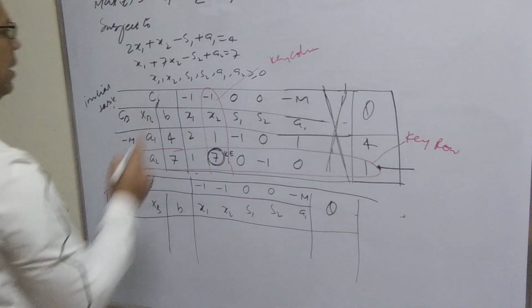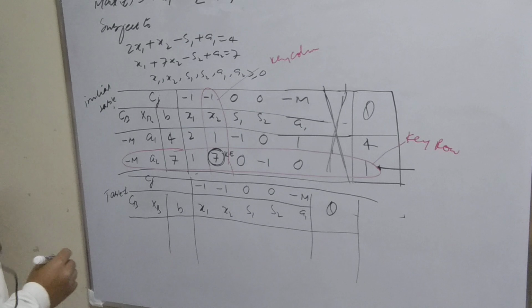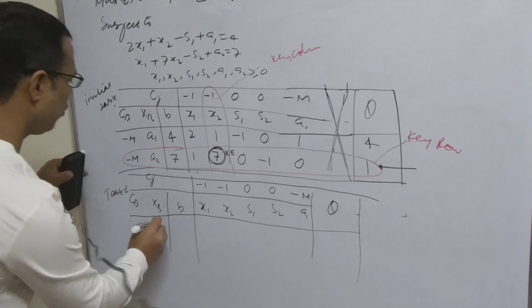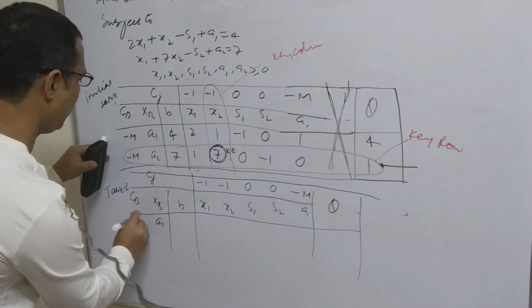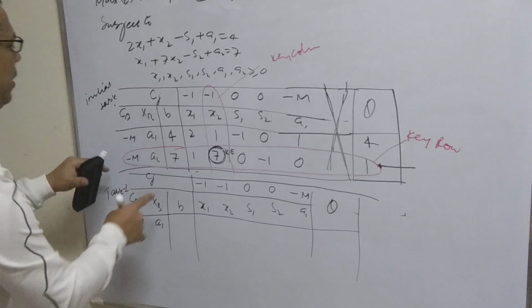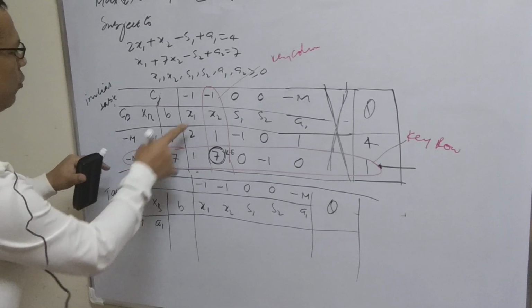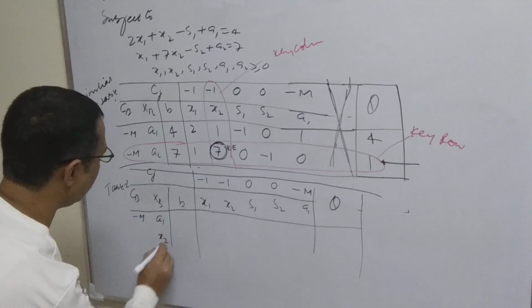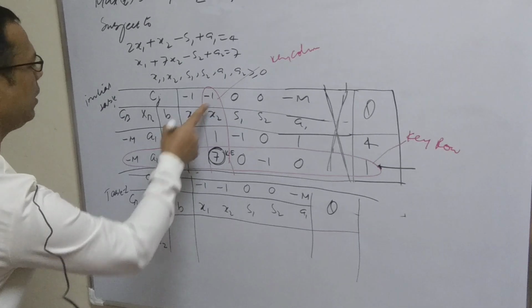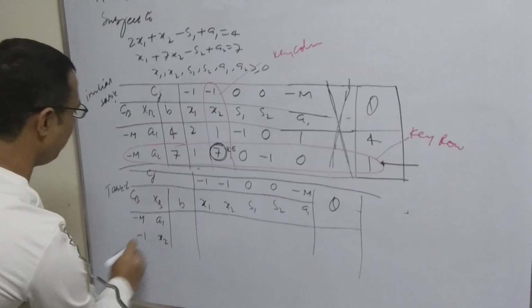This is the same as the initial table. Now A1 is not going to be changed. A1 keeps its position, M is here, its coefficient is not going to change. Which one is going to be replaced? A2 is going to be replaced with x2, and the coefficient of x2 is -1. So here we will write -1.